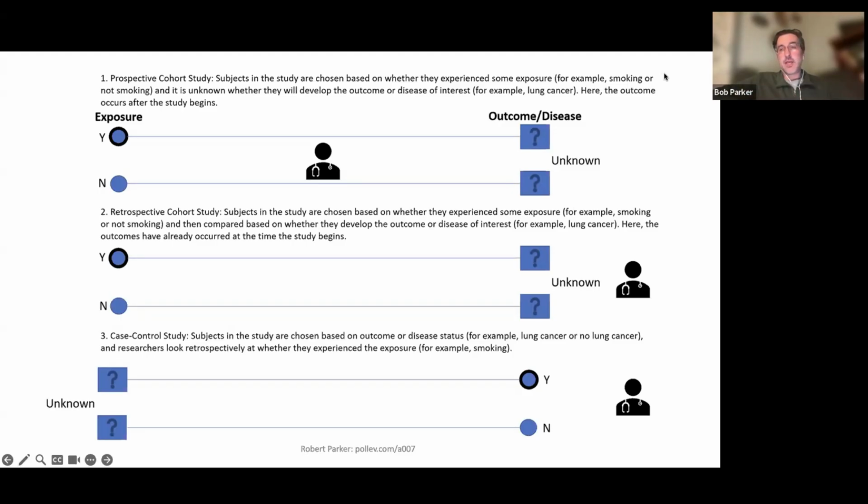We would have to enroll a ton of people, follow them, and then see whether or not they develop pancreatic cancer.